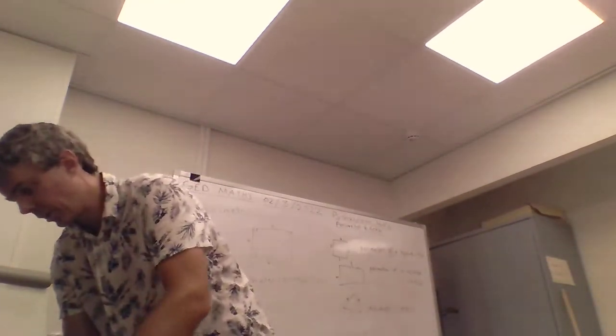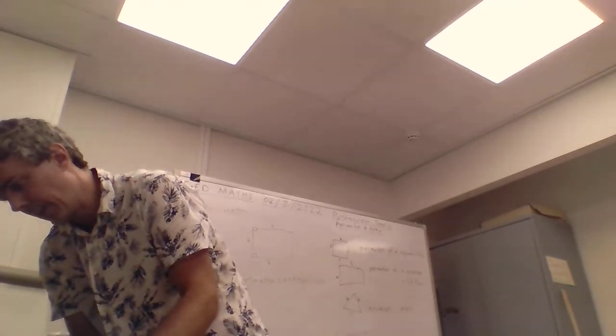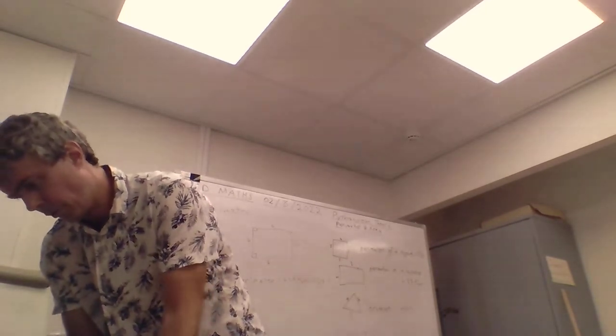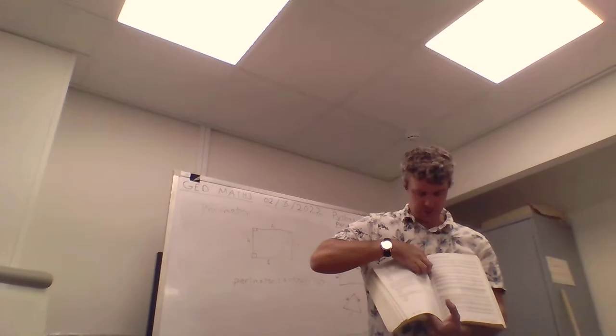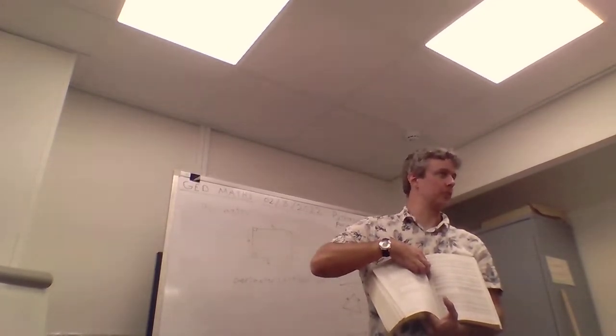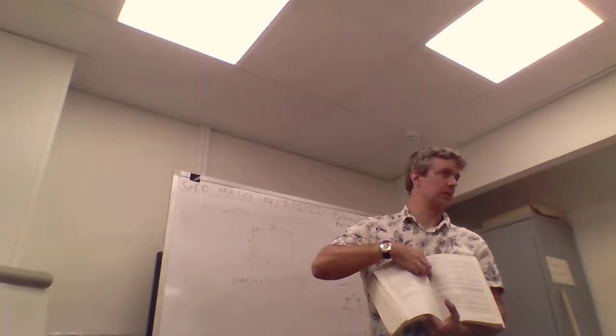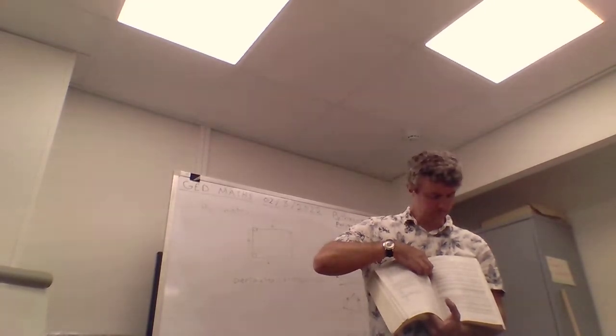Let me just check our sheet. Yes, on page 413. Yeah, so it says perimeter. And you have square, rectangle, triangle, and the circumference of a circle. We'll do that either today or next week, depending on how we're doing. Okay?